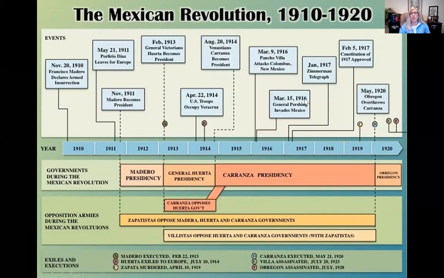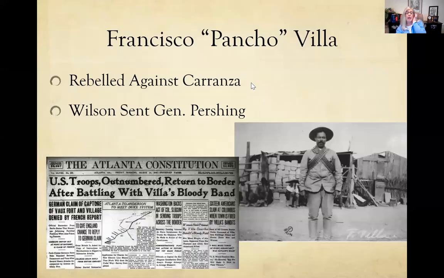That's going to cause problems where the US is trying to make sure that he stays in power. And that comes to the fact that Pancho Villa is kind of this rebel revolutionary who's going against the Mexican leader Carranza, who had come to power after all this instability. Carranza is the one that Wilson supports, but Pancho Villa is trying to undo that.